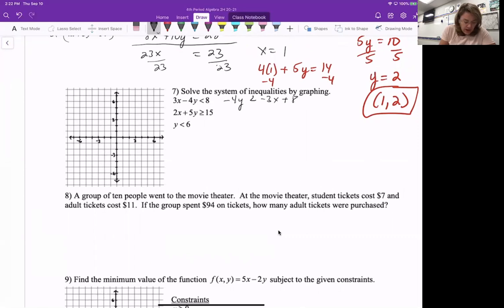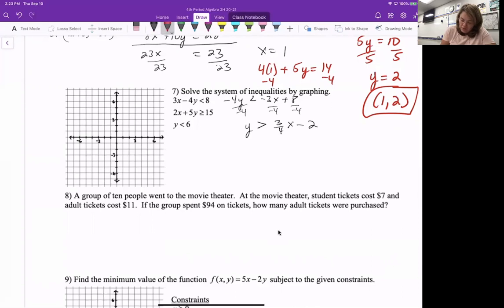Now I'm going to divide every term by negative 4, and because I divided by a negative number, I have to flip this symbol. So y is greater than 3/4 x minus 2. I forgot my little x. Okay, so there's the first equation.